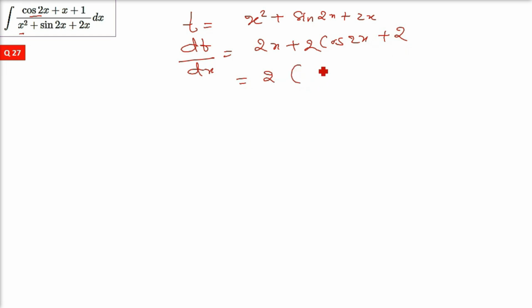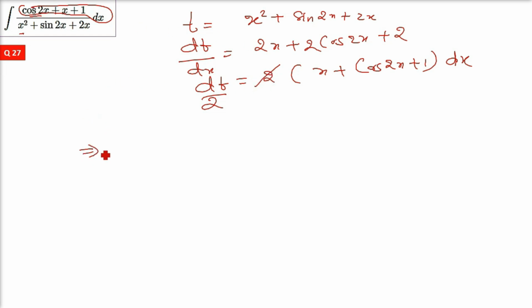So when you take 2 common, you will get x plus cos 2x plus 1. Now this x plus cos 2x plus 1 is nothing but what you are going to get in the numerator. So dt by 2 is this one, cos 2x plus x plus 1 into dx. This is what you get in the numerator. So how easy it has become. This is dt and this half goes here. So what you have here, you have taken x square plus sine 2x plus 2x as the t.